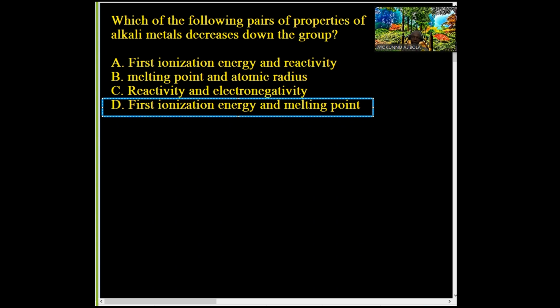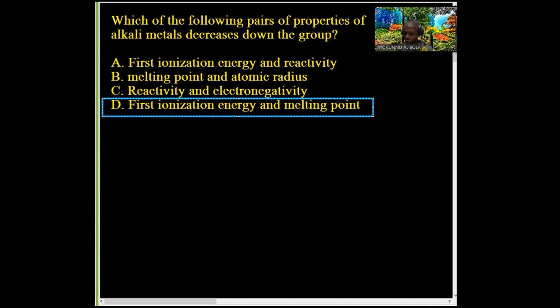Let's consider hydrogen. Hydrogen is not a metal, but it's in the reactivity series. Okay, let's go down to metals in group one. Let's consider sodium. Sodium has one electron in the outermost shell, right?